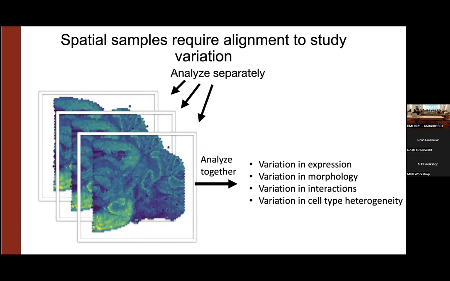So thinking about alignment in order to get variation, we'd like to understand variation in expression and tissue morphology, variation in interactions and correlation, and variation in cell type heterogeneity. I think that's something very interesting. Something that comes up a lot is how much variation there is, or said the other way, how much generalizability there is in tumors.